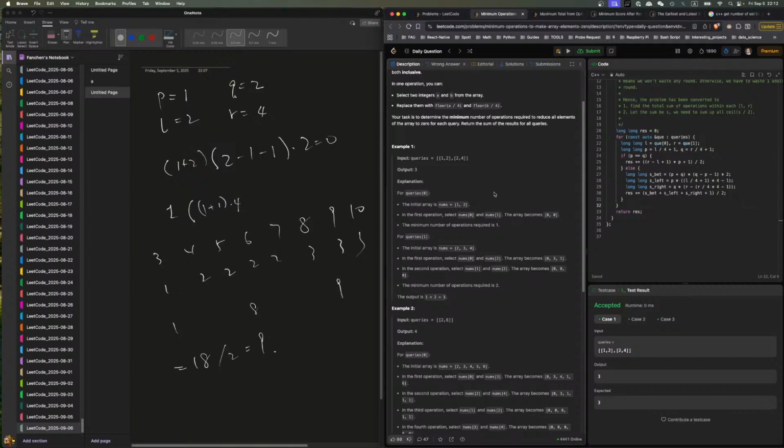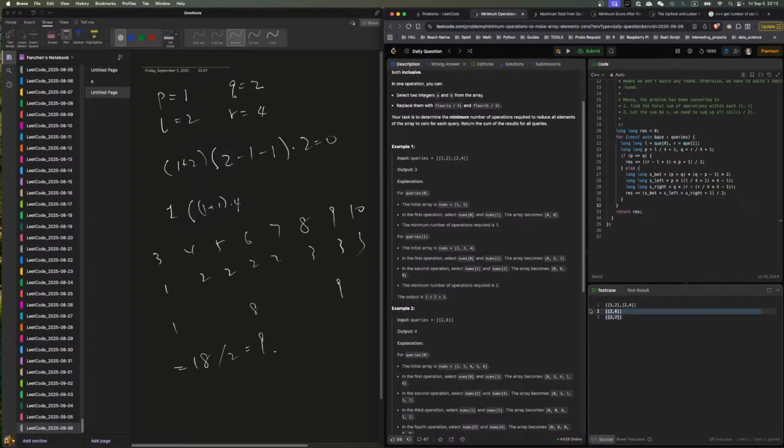Yeah, you take 2, which means each round you minus 1, right? So you do 2, and that's, I don't know. At this point, I have no idea. For example, 8, 10.